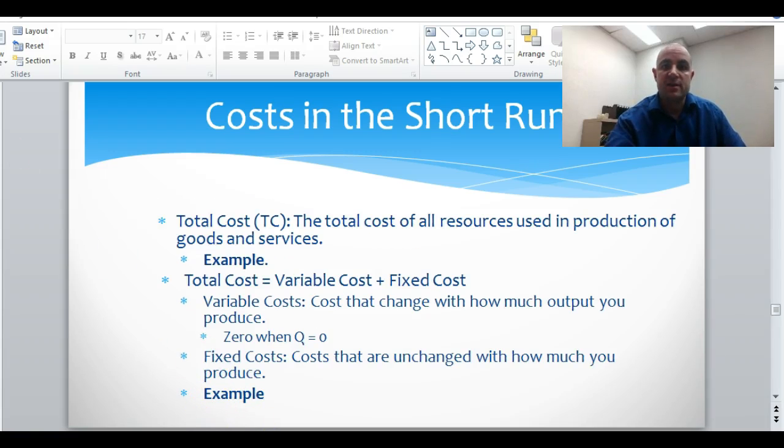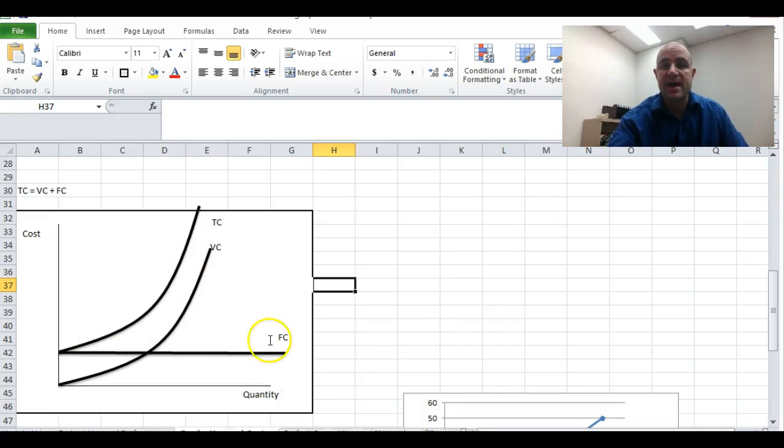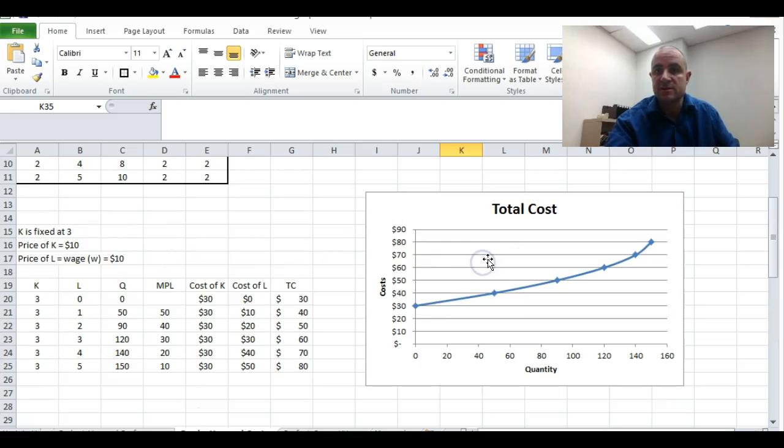The other thing I want to note, going back, is that the total cost goes up at a faster pace the more you produce. You can see that initially, that $10 increase in your total cost got you 50 more units. But then that $10 only got you 40, and then 30, and then 20.